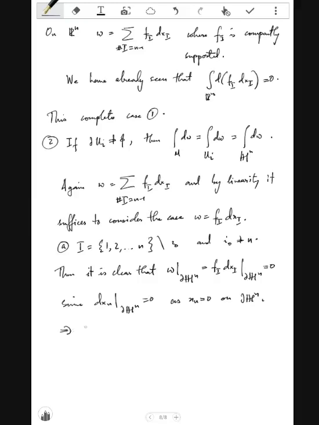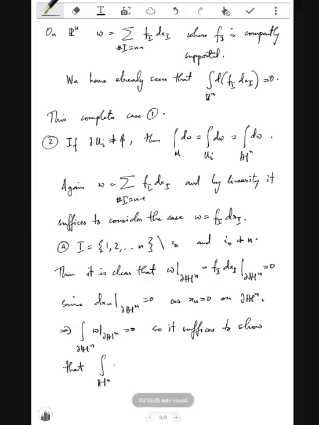So this implies that the boundary integral is 0, so it suffices to show that integral over Hn d omega is 0.